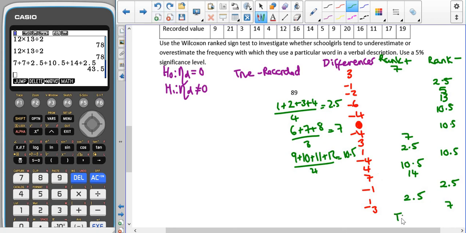So my T plus is 43.5. Now adding up the ranks for my minus: 2.5 plus 5 plus 13 plus 10.5 plus 10.5 plus another 10.5 plus 2.5 plus 7. And that gives me 61.5.